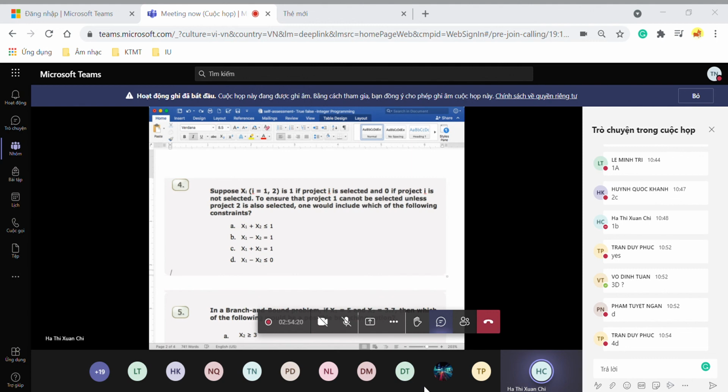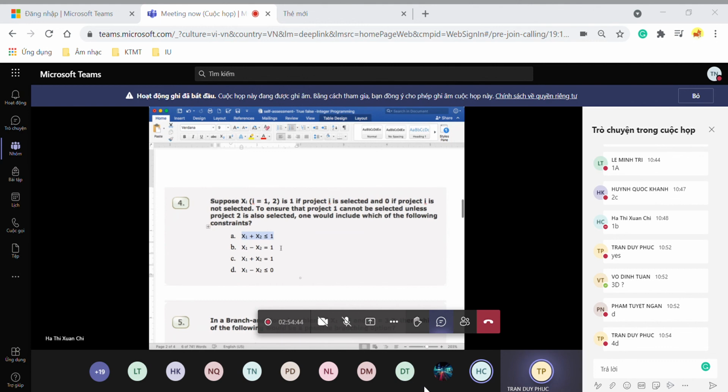Yes, I have a question. If 1A wants to be right, then what does the constraint need to be? The 1A from above, not the 4.